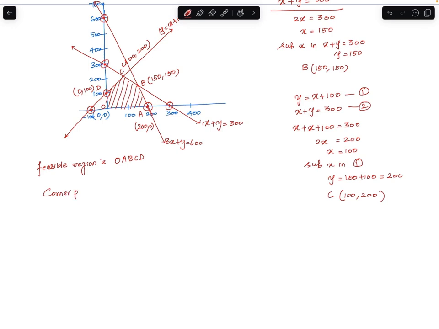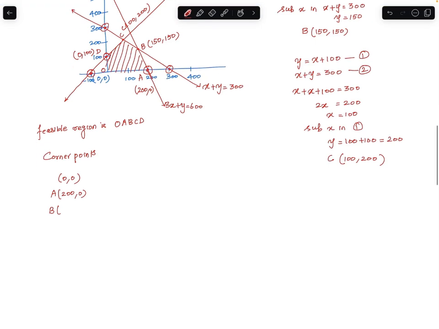Corner points are O 0, 0, A 200, 0, B 150, 150, C 100, 200, D 0, 100.